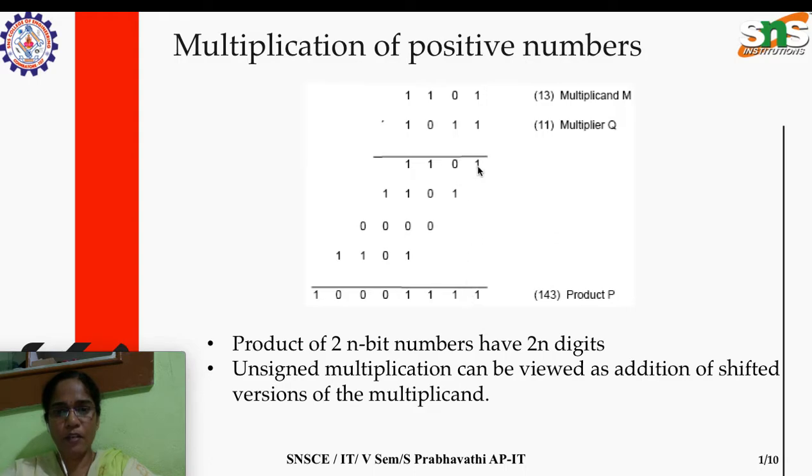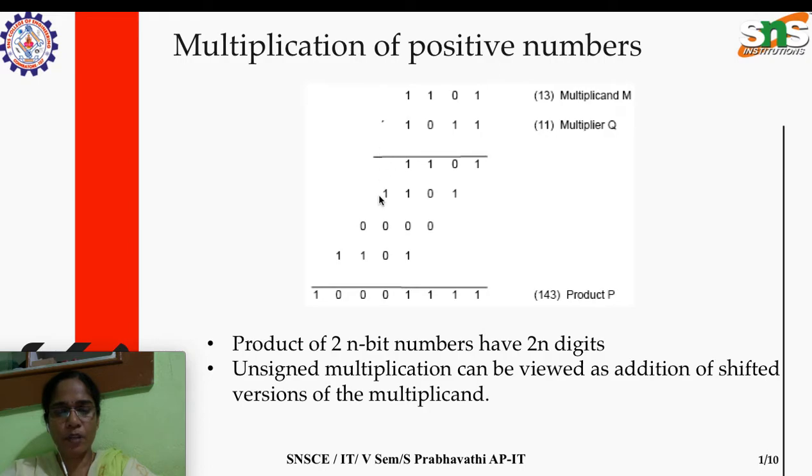So 0 plus 1 is 1 in binary, 1 plus 0 plus 0 is 1, and 1 plus 1 plus 1 is 3 in decimal, which in binary is 11. Here the sum is 1 and the carry is 1.